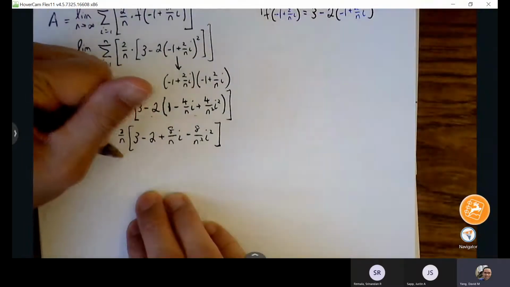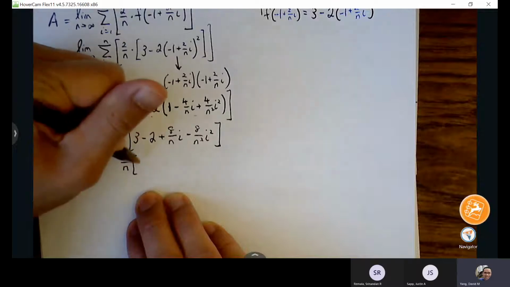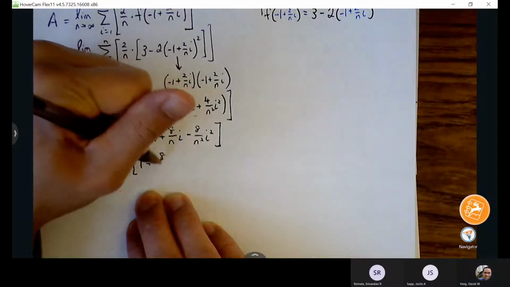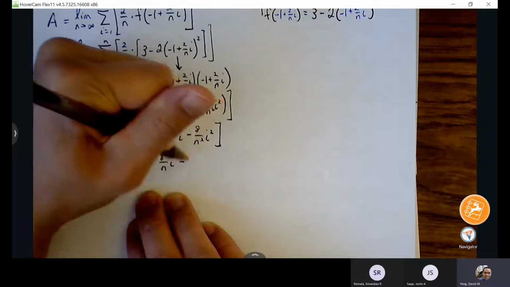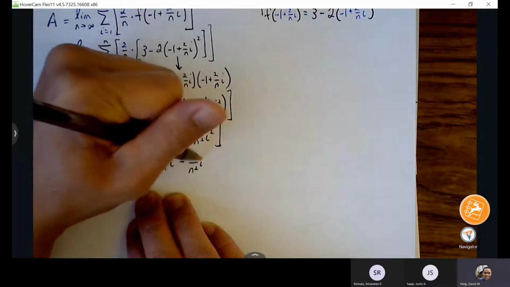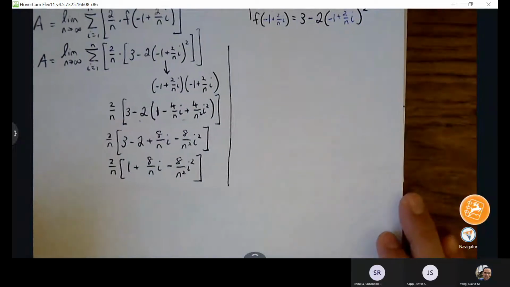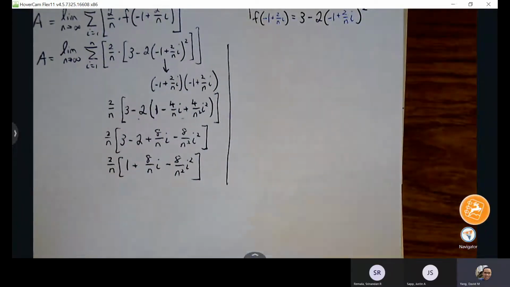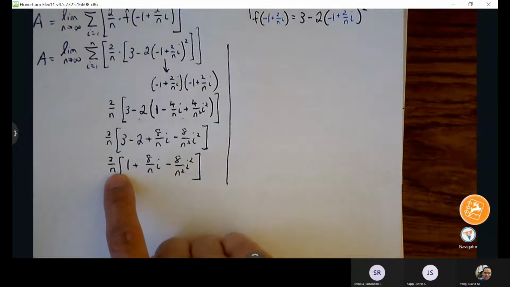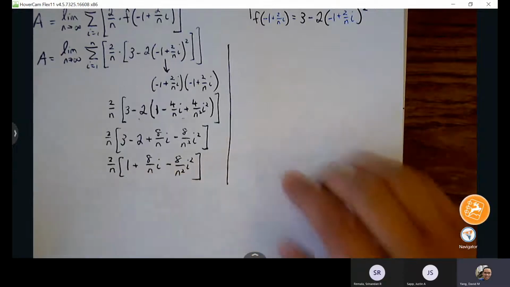Okay, 3 minus 2 is just 1. All right. Distribute the 2 over n through.